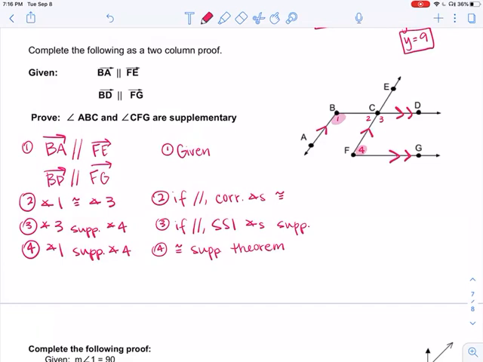You would have to say that 1 and 3 are congruent, and then swap that to be measure of 1 is equal to the measure of 3. Instead of using the word supplementary, you would adjust that to be the measure of 3 plus the measure of 4 is equal to 180. You'd have to do some substitution. If you can remember that congruent supplements theorem, it's going to make things a whole lot easier.